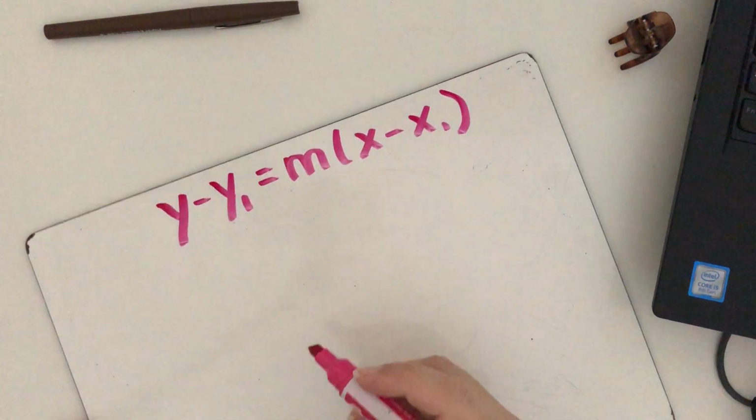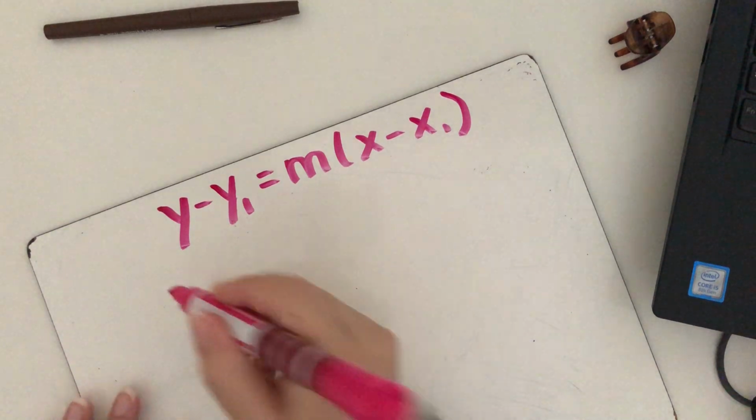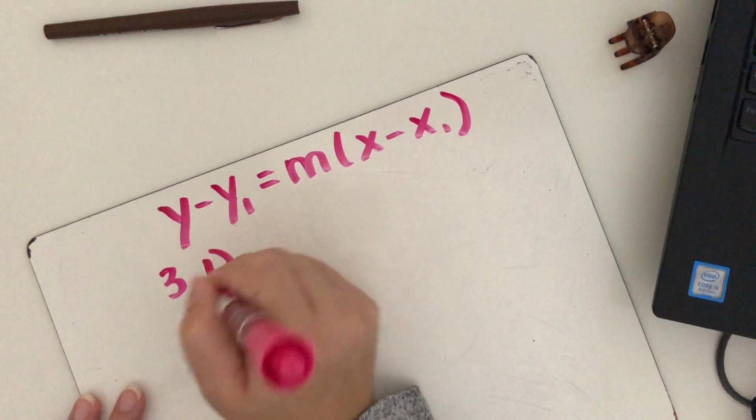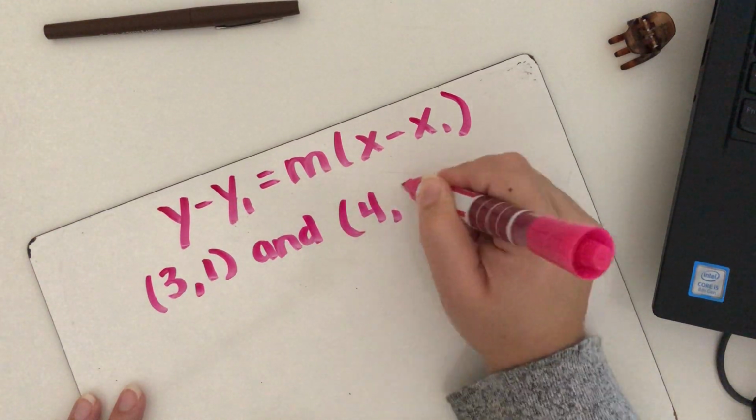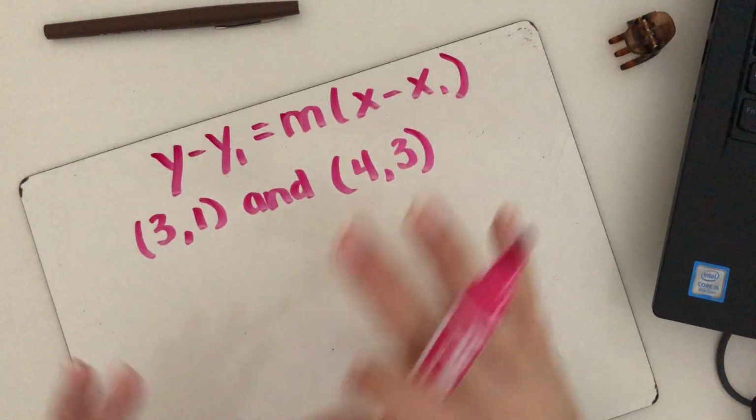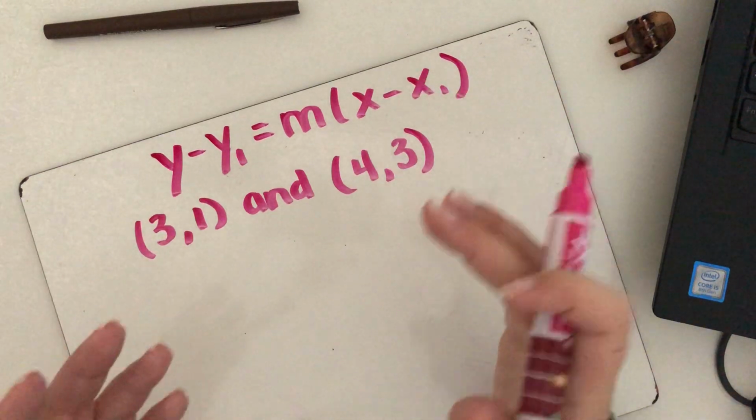So let's say that I want to find the equation of a line that goes through 3, 1 and 4, 3.